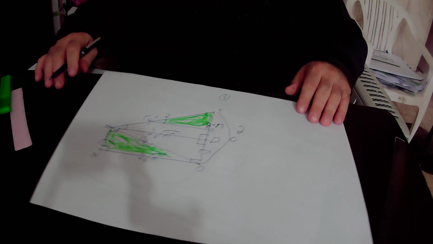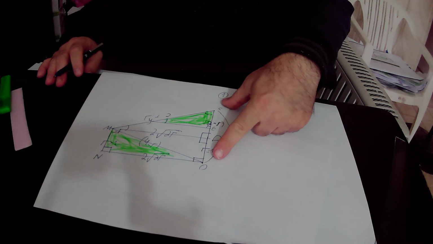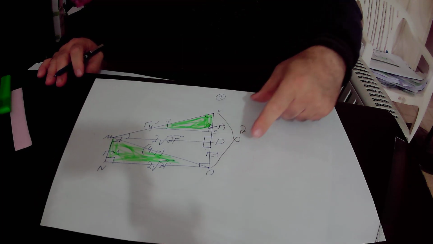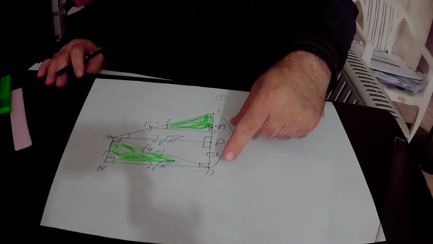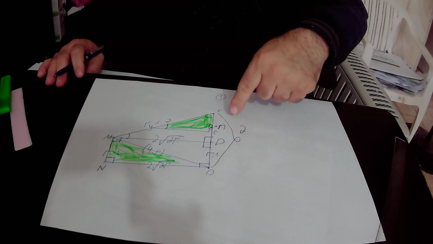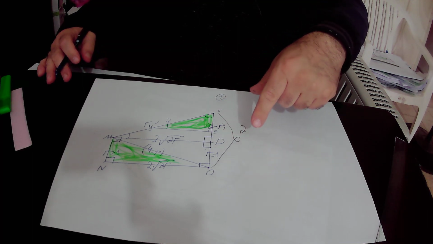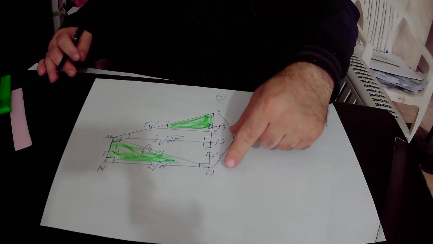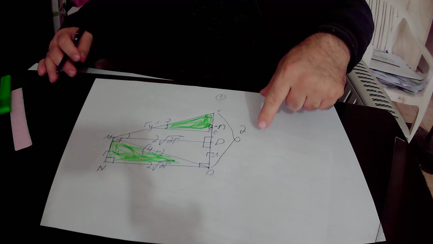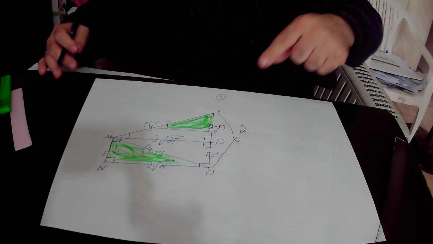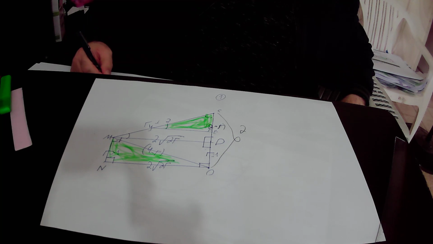And CD equals CO, that is 2 units, minus DO, that is R. Again, CD equals CO minus DO, so it is actually 2 minus R.